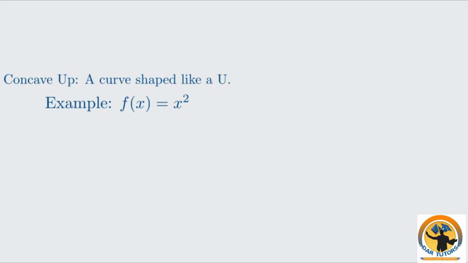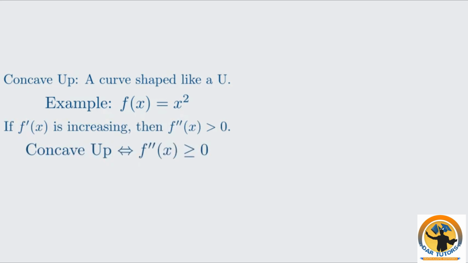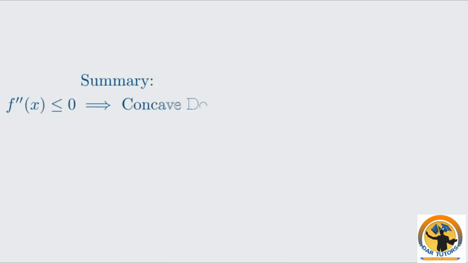An increasing gradient means f prime of x is increasing, which in turn means its derivative, f double prime of x, must be positive. Therefore, a curve is concave up when its second derivative is greater than or equal to 0. To summarize, the sign of the second derivative tells us the concavity of a function. A negative second derivative means concave down, and a positive second derivative means concave up.